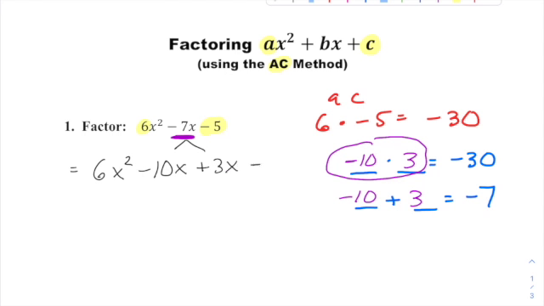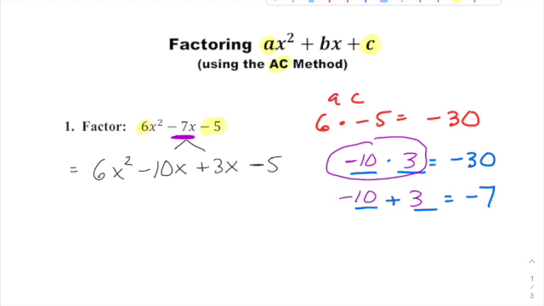And the -5 on the end stays the same. See, all I really did was rewrite -7x as -10x + 3x, right? They still add up to be -7x, so I haven't done anything illegal in the math world. But what I did was find the perfect way to break it up into just these two numbers so that now I can use grouping.